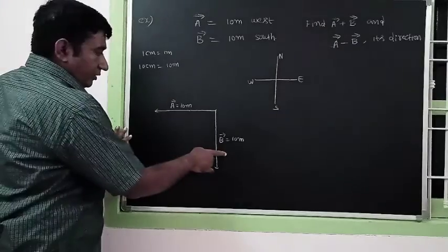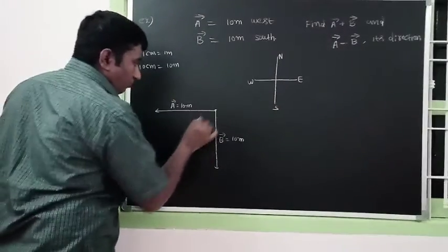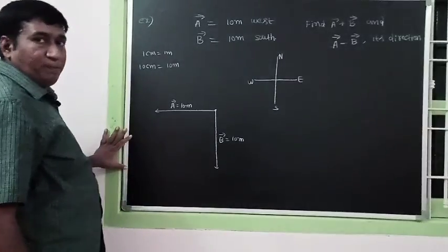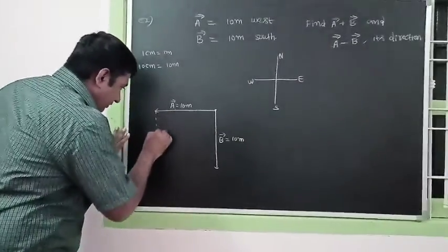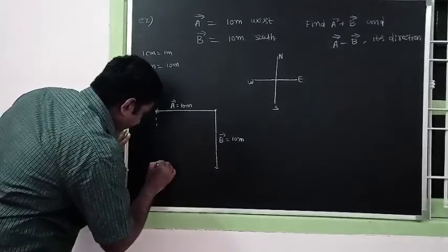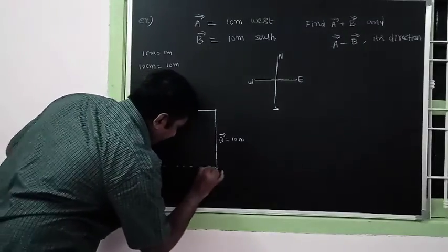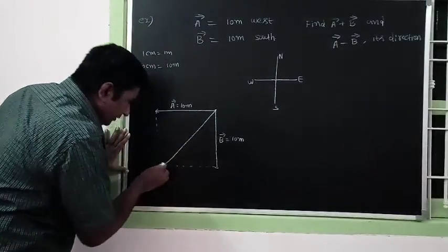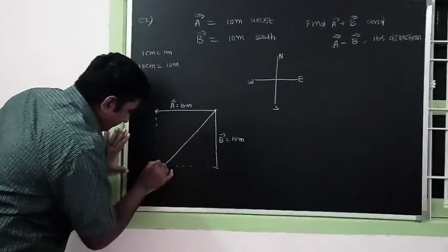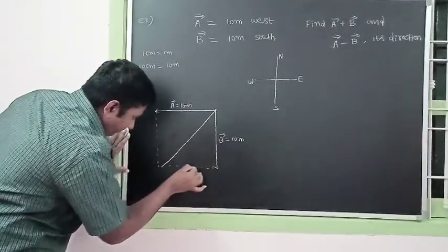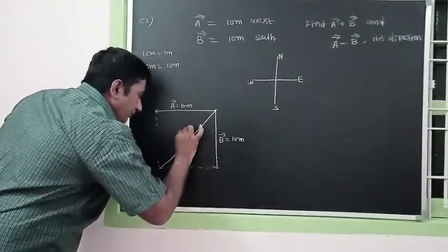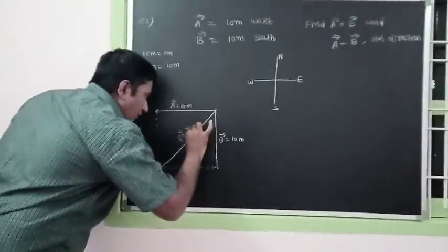How will it be? This starting point is the same, so these can act as adjacent sides of a parallelogram. So we can make this a parallelogram. Then the diagonal which passes through the same point will give us A vector plus B vector.